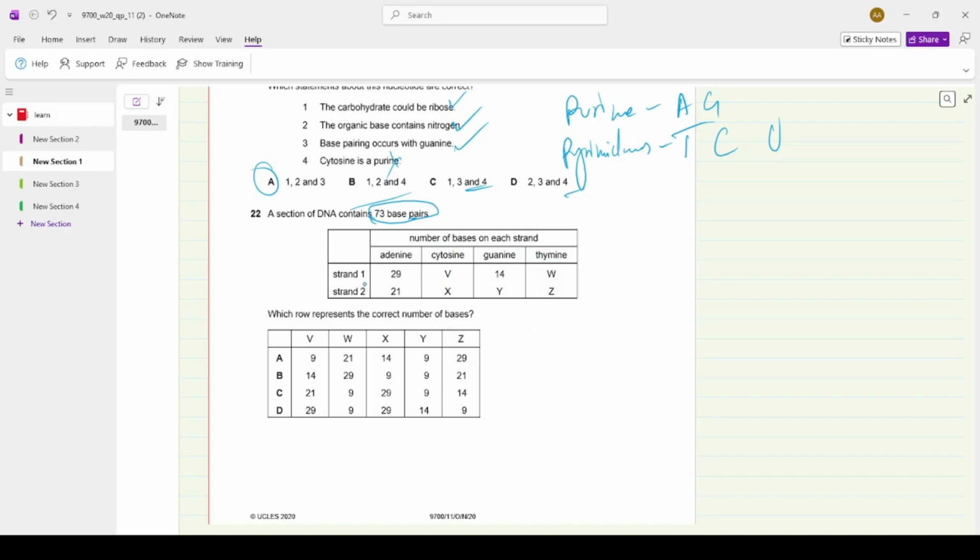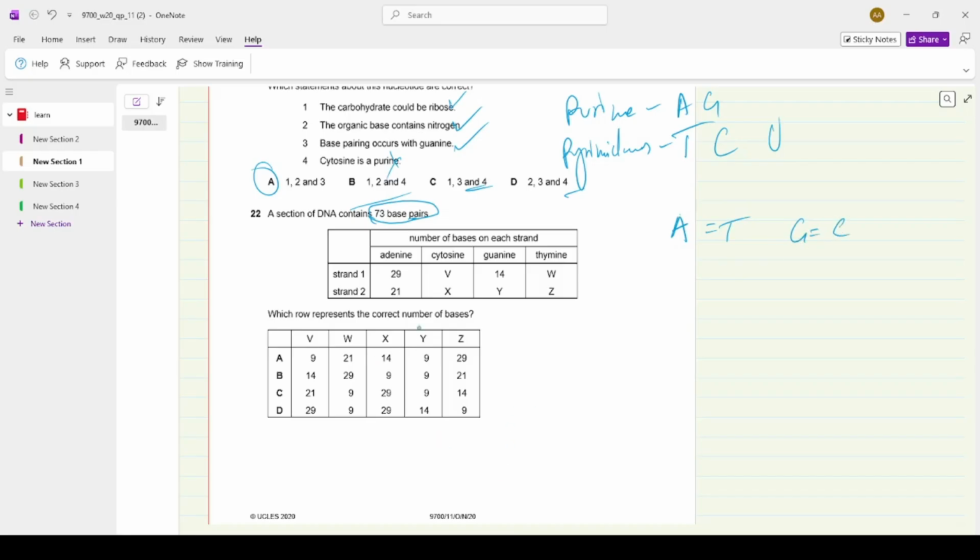So according to Chargaff's rule, we know that in a given DNA segment, the number of adenine bases should always be equal to thymine for DNA, because they pair together. So if we have 10 here, we should have 10 there. And on the other hand, guanine should always be equal to cytosine.